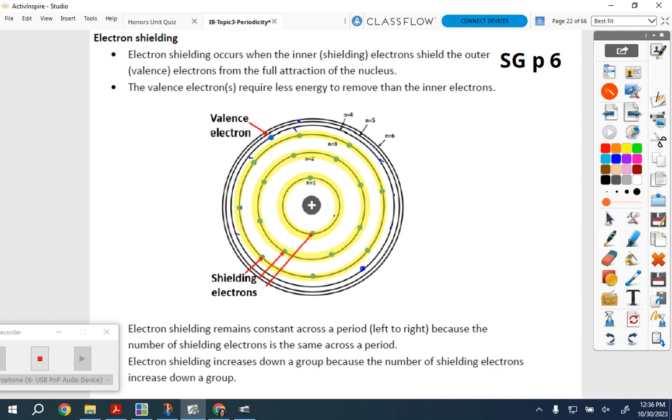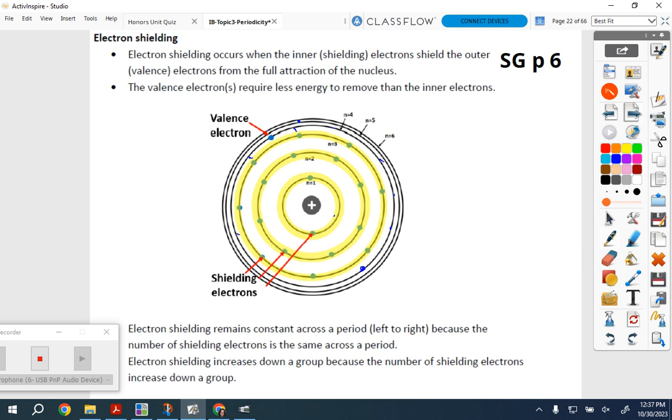There's another thing that we didn't really talk about in honors chemistry. And that is this thing, this is page 6 in your study guide, called electron shielding. So these Coulombic forces are not just affected by charge and distance. They are affected also by how many electrons are between your valence electrons and the nucleus. So if we have electrons just in the first energy level, there is nothing between them and the nucleus. So the effect of the positive charges in the nucleus is whole, essentially, on those electrons because there's nothing standing between them.